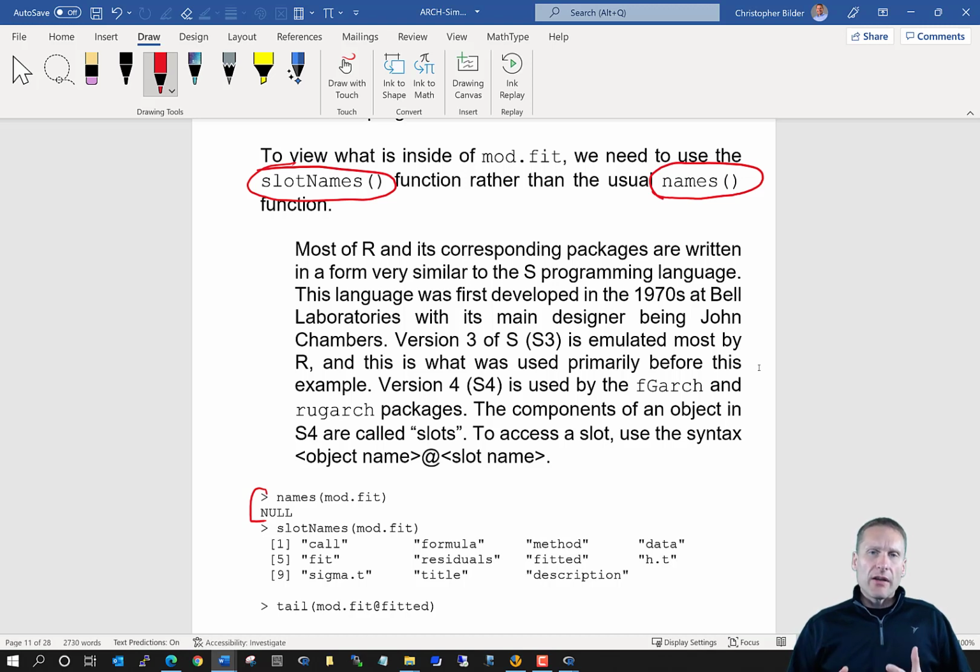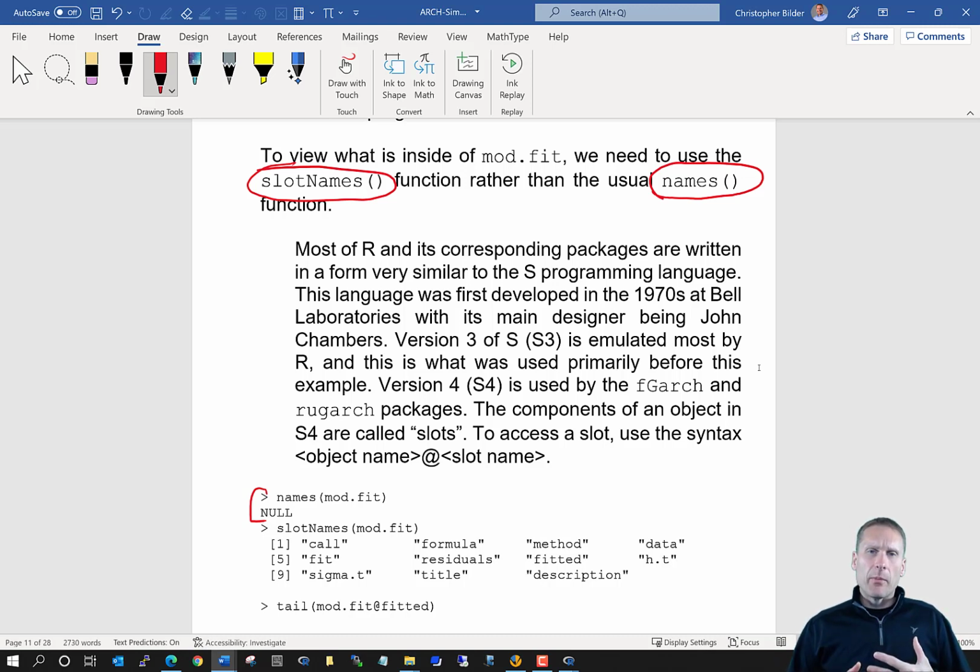Well, the R language itself was originally based upon a version of the S programming language. The S programming language came about in the 1970s from AT&T's Bell Labs. Actually, I think it was just called Bell Laboratories at the time, excuse me.